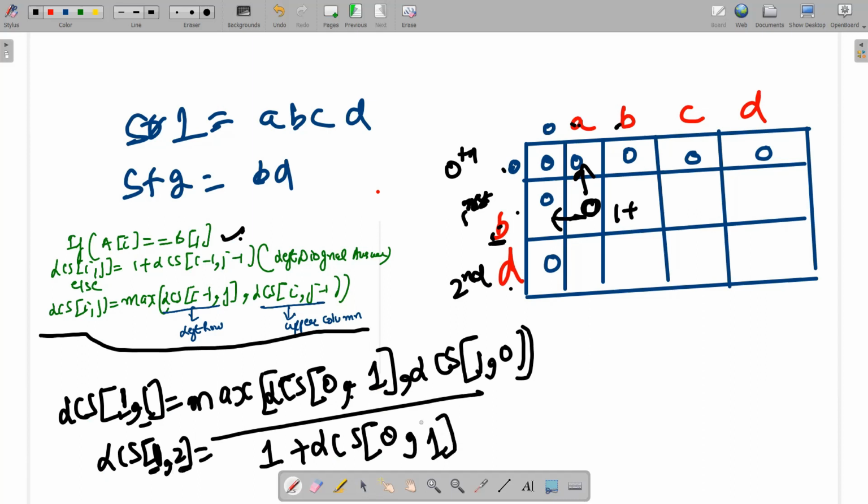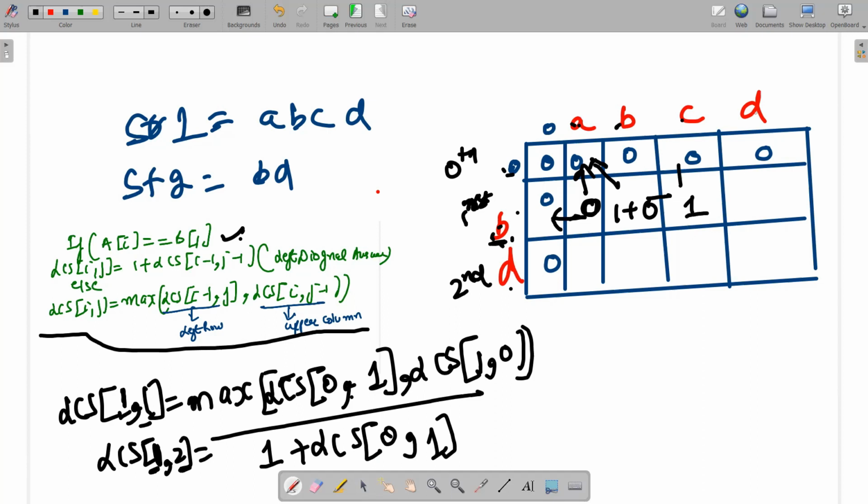So I will be calculating 1 plus LCS of the 0th row, first column. It means I am adding 1 to the left diagonal value. Again, we are comparing B with C. So either my left answer or top answer, the maximum value, the answer would be 1.